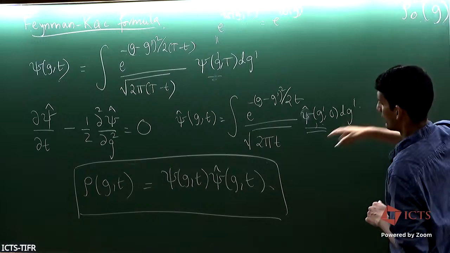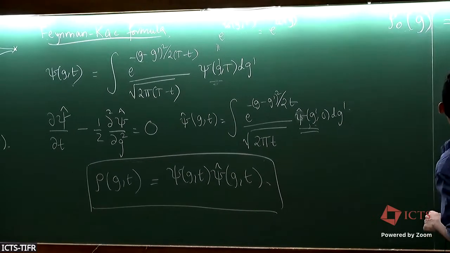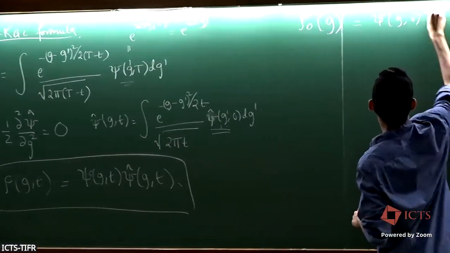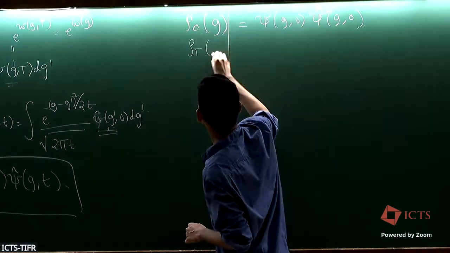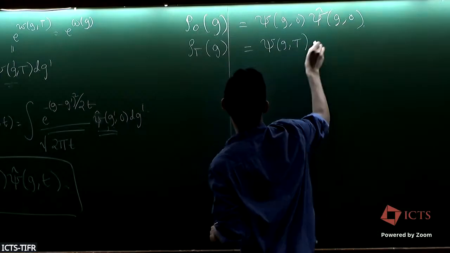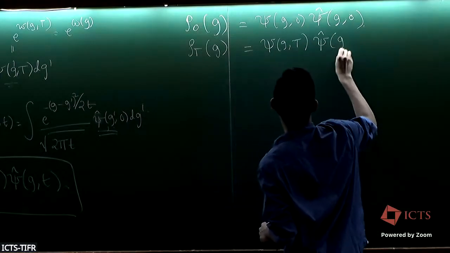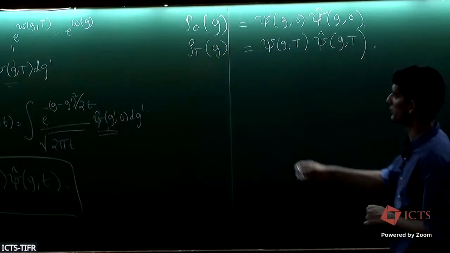So if you plug in t equal to 0, you get this. If you plug in t equal to capital T, you get this. Okay, so you want to solve these two equations.